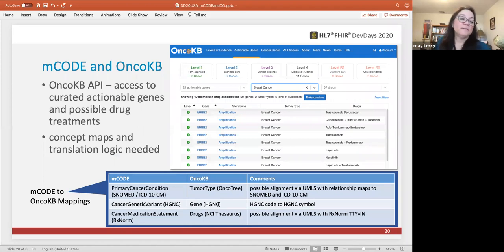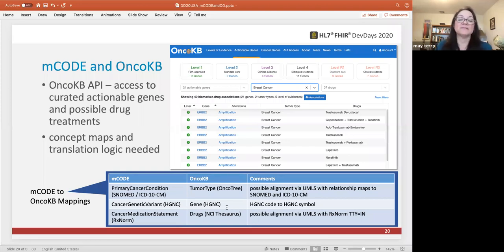Another thing I thought would be very useful, and I have a demo that was in progress, I don't think I have enough time to show it, is that there is another knowledge base from Memorial Sloan Kettering called OncoKB, and they have this great API that allows you to access their curated actionable genes and possible drug treatments. So let's say that you're able to identify the cancer type as well as certain genes, it's possible to pull out from the API, and there would be quite a bit of mapping that would have to happen in the back.